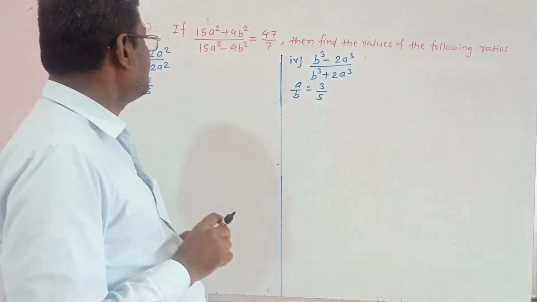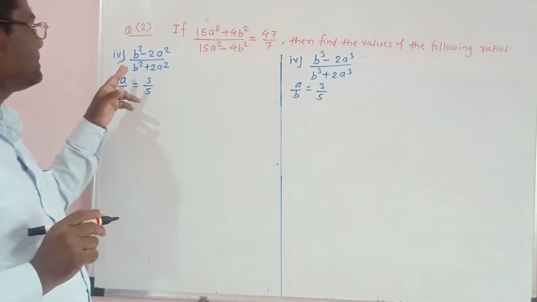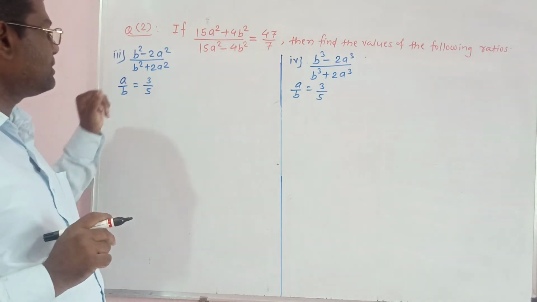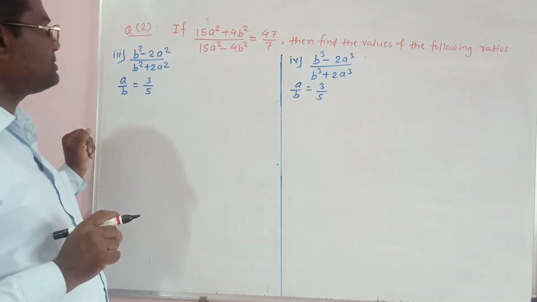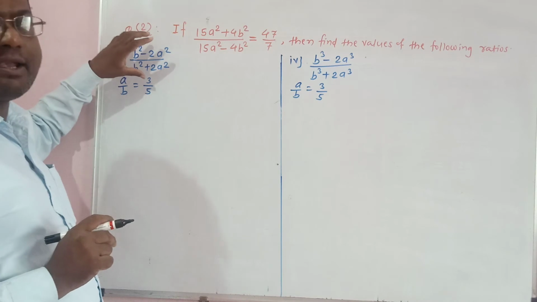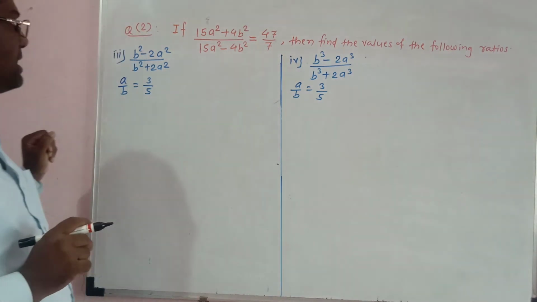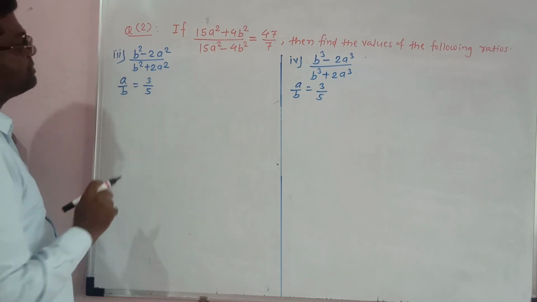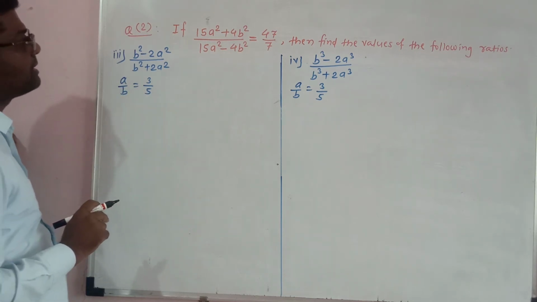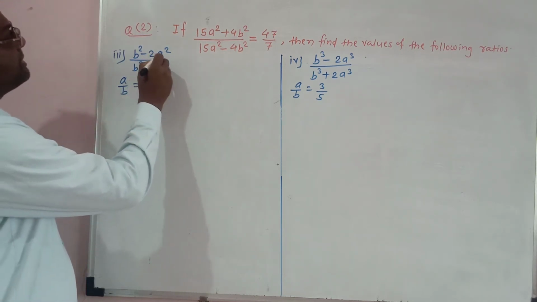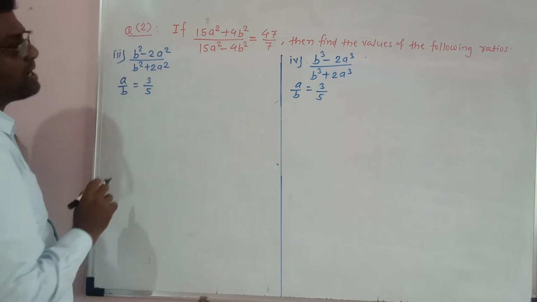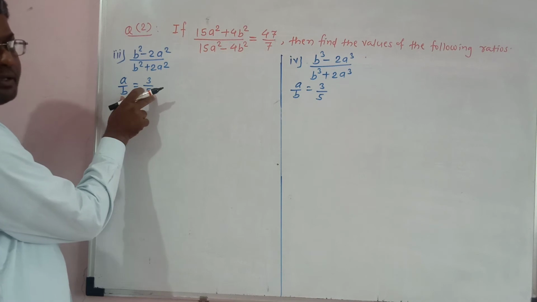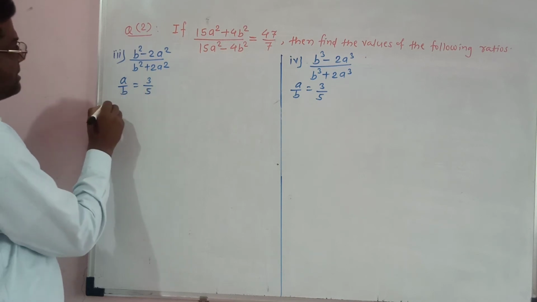Question number 2, example number 3, b square minus 2a square upon b square plus 2a square. We have to find the value of this ratio, and we have a upon b is equal to 3 upon 5, but in the example there is a square and b square. Therefore we have to square both sides of this equation.